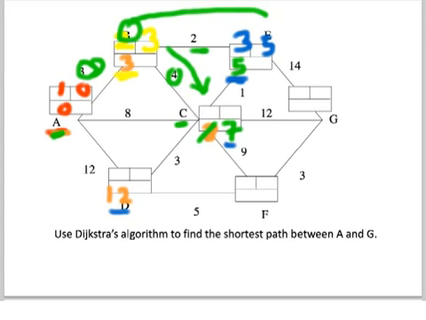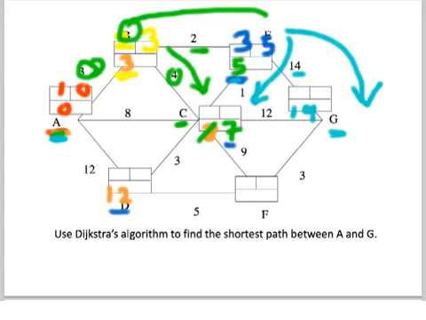Now we repeat the process. So we've made E permanent, okay? So we go from E, and from E we can go to G. So the distance from A to G via E is 5 add 14, which is 19. Now we can also go from E to C. Now this is interesting because we've got the 5 and that distance there is 1, so we can cross out the 7 and make that temporary label a 6.